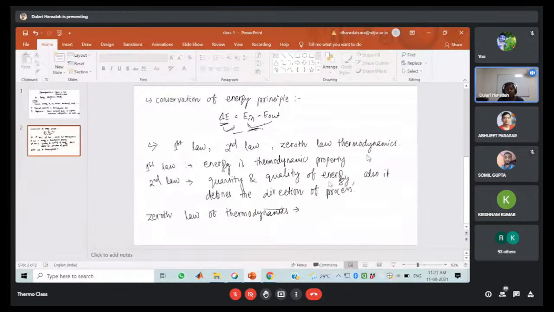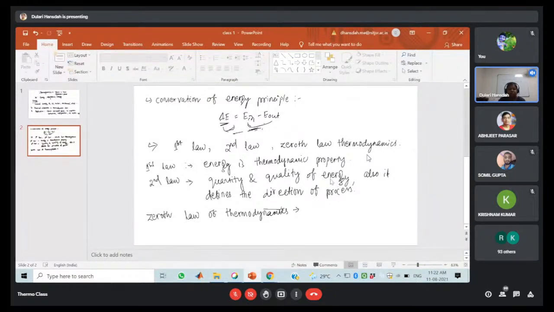So low grade and high grade are defined as the quality of energy. Okay. So quality of energy means it is the capability of converting the energy from one form to another. So low grade energy mostly we are saying is the work, and high grade energy is the heat.